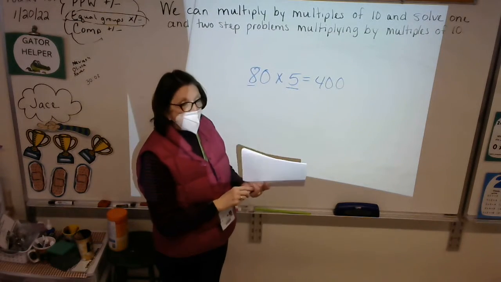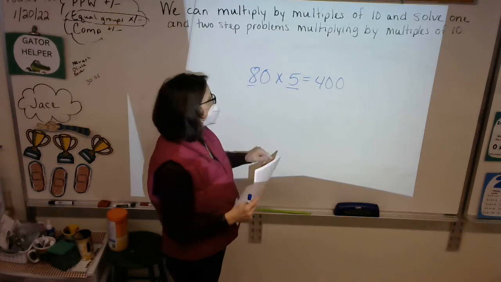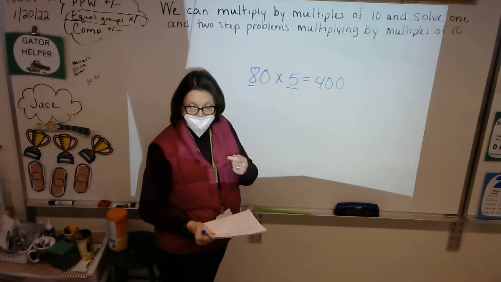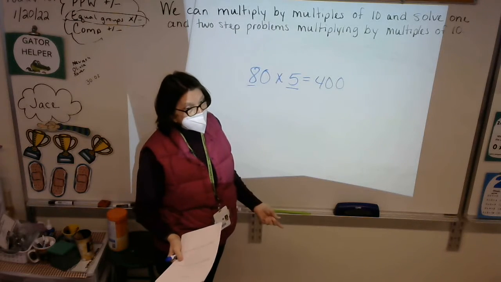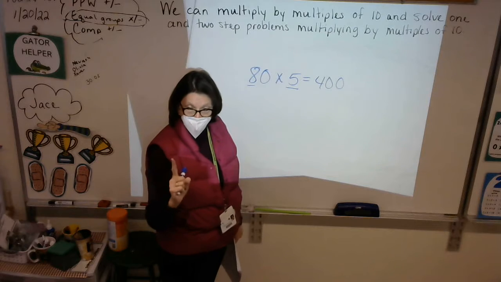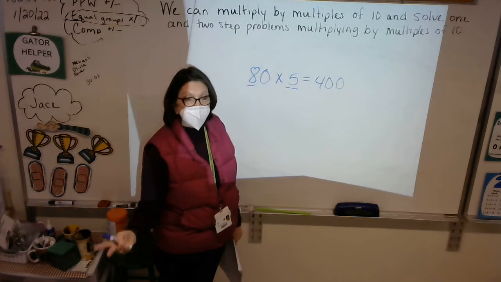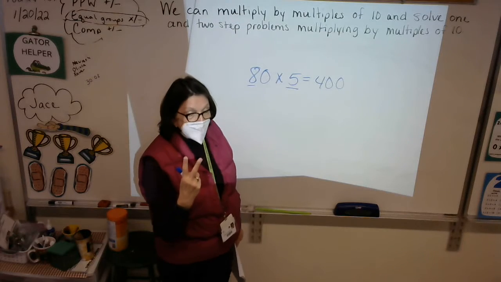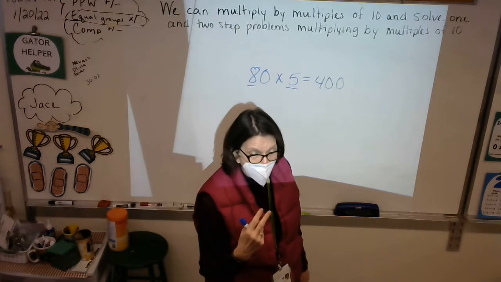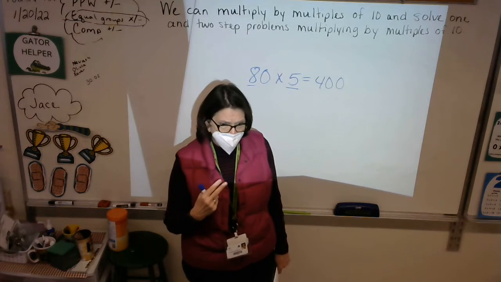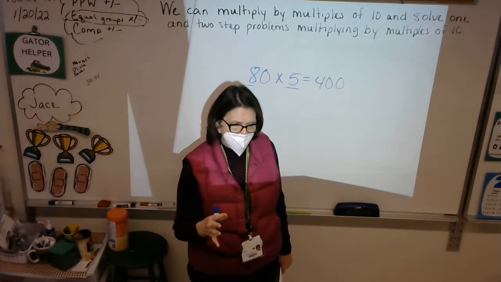Okay? So part of your exit ticket is going to be just 3 of these basic equations where you're multiplying by a multiple of 10. But part of your exit ticket is also going to be a 1-step word problem where you multiply by multiples of 10. And then a 2-step word problem where you multiply by multiples of 10. And I've gone over and over with you about how 2-step word problems are probably one of the most challenging things a 3rd grader has to do in all of the math throughout the year.